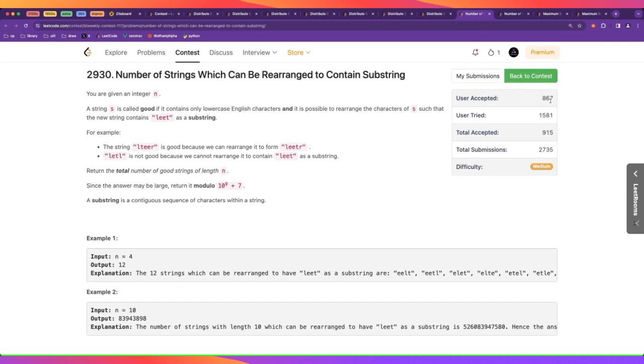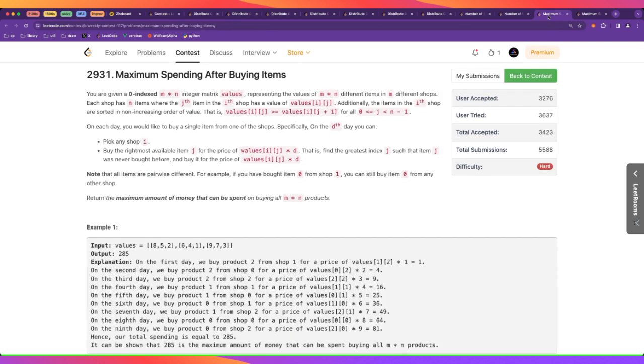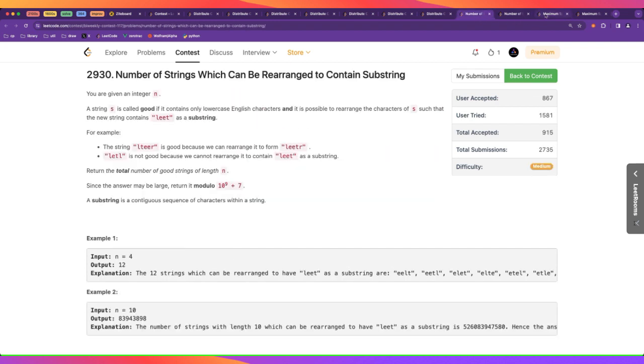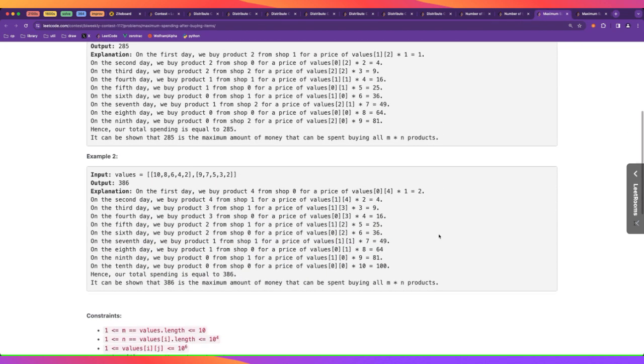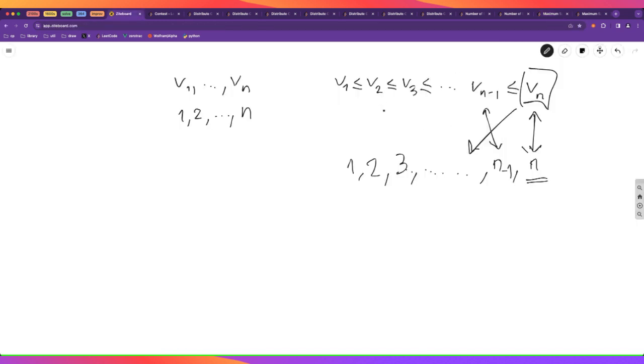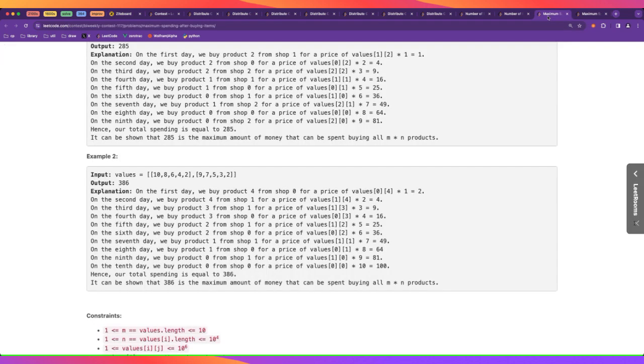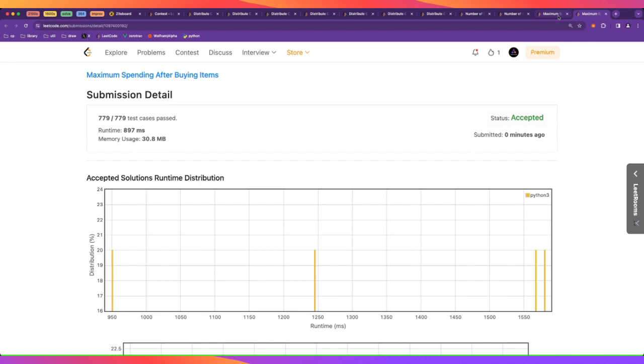Yes, so a lot more. So yes, it all boils down to understanding this, that you want them in sorted order. That's going to maximize the value.